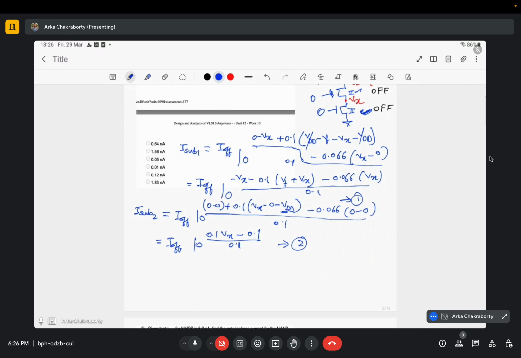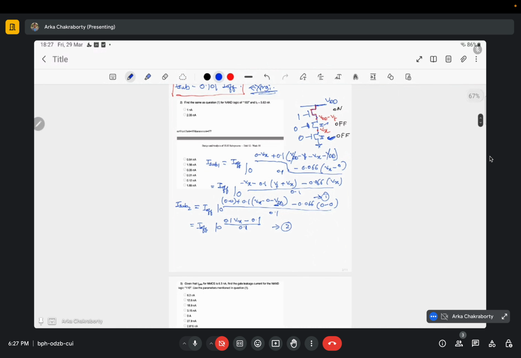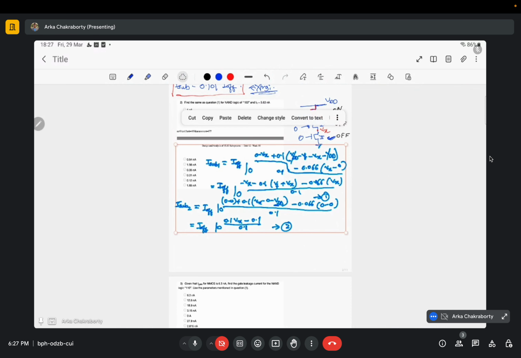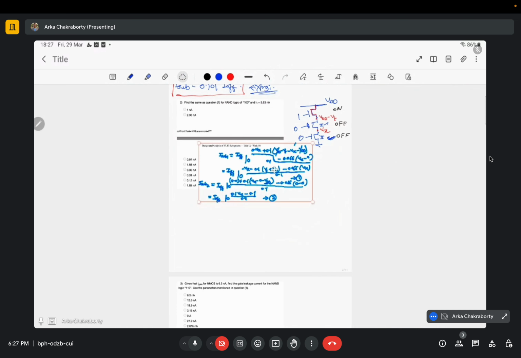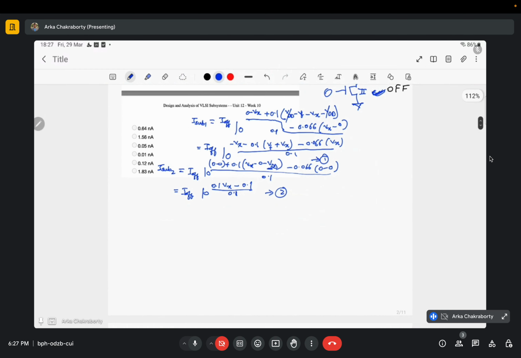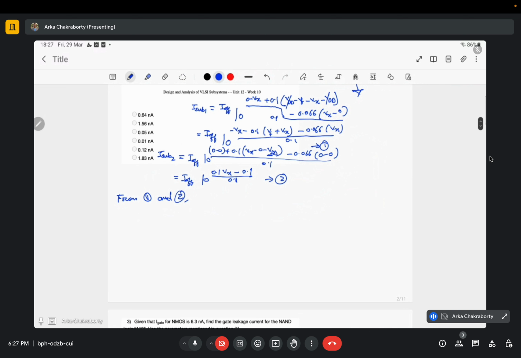So now, using equations 1 and 2, if I equate them, because I sub 1 will be equal to I sub 2 since they are in series, equal to I subthreshold, I0 and 10 will cancel each other, so I'll get minus Vx minus 0.1, Vt is 0.3, let me simply write 0.3, plus Vx minus 0.066 Vx equals 0.1 Vx minus 0.1.